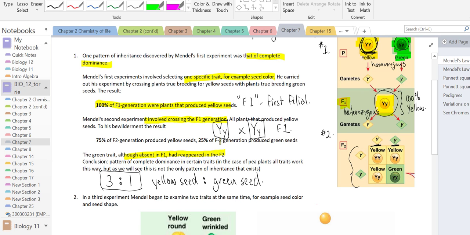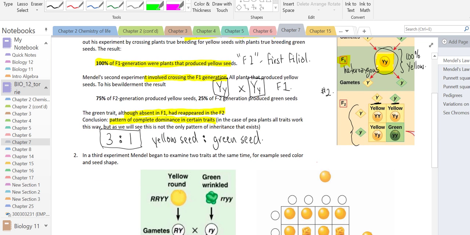Conclusion: this is his first law of genetics. It is a pattern of complete dominance in certain traits. In the case of pea plants, all traits work this way, but as we start to examine different traits in different organisms, there are many different patterns of inheritance, but Mendel discovered the law of complete dominance, which exists in lots of organisms, his pea plants included. All right. And ultimately, what it's saying by this complete dominance is we've got these 2 different forms of seed color.